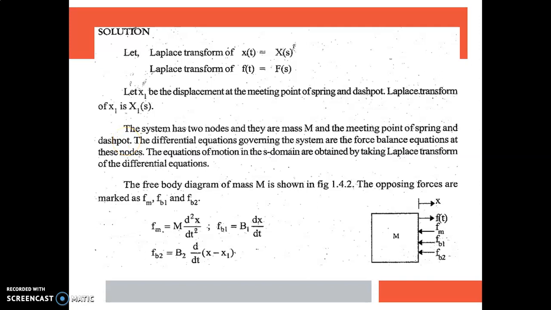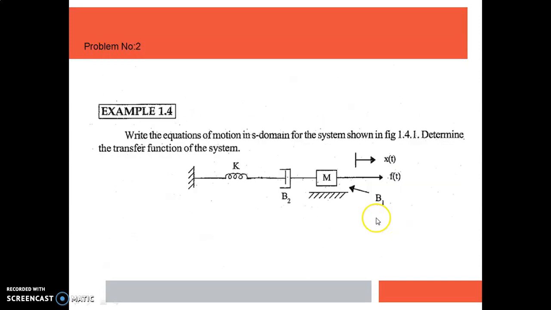Now we are moving to the third step. That means for the first mass body, we have to draw the free body diagram. So how will you draw the free body diagram of this mass element? You have to look at the associated opposing forces and applied forces with this mass body. Opposing force will be exerted by this mass itself.